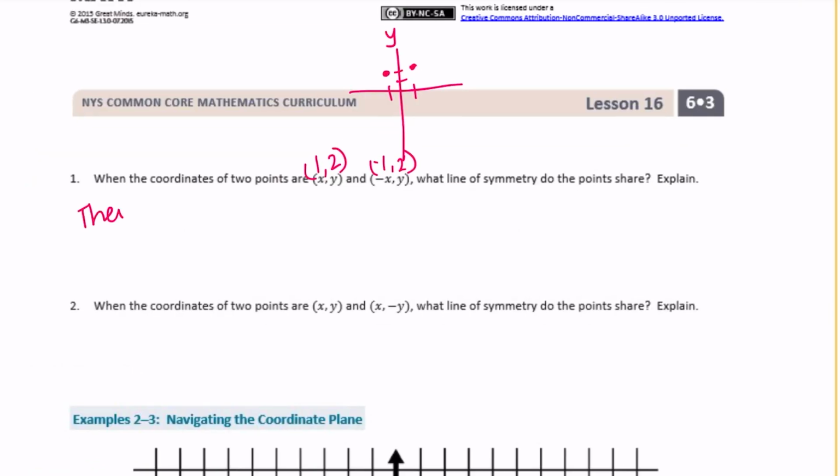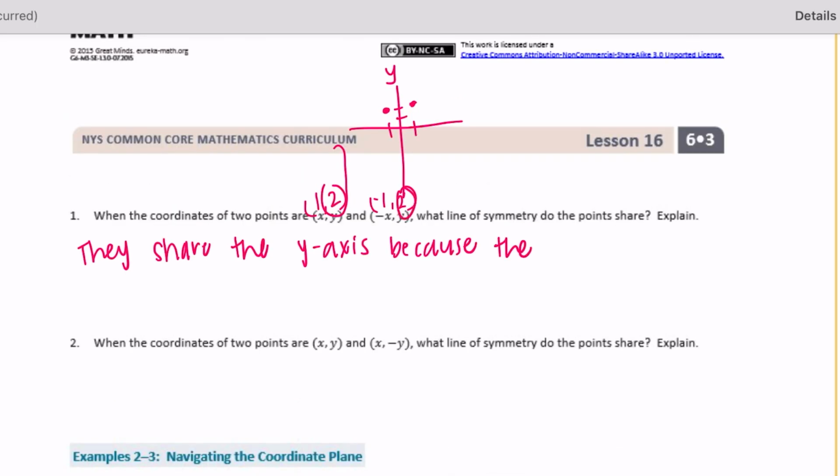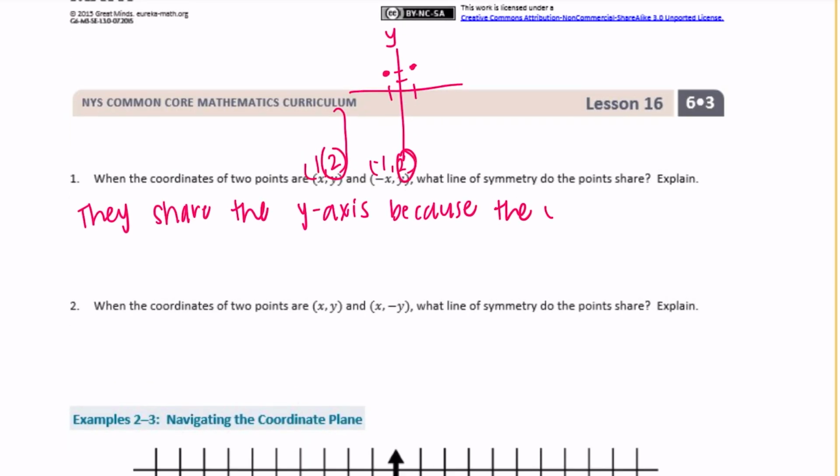They share the y-axis because the y coordinates are the same, so 2 and 2. And the x coordinates are opposites.